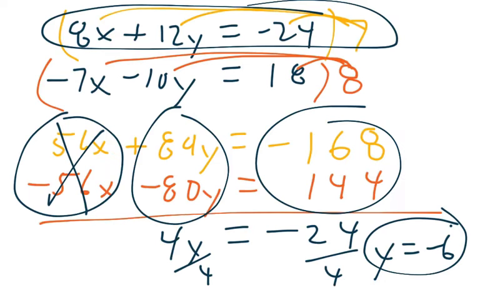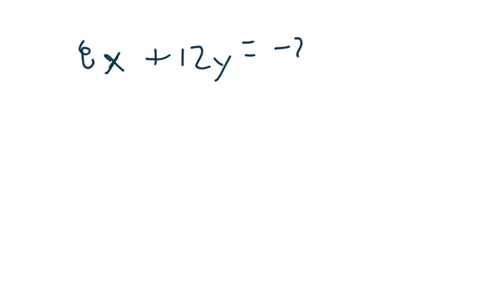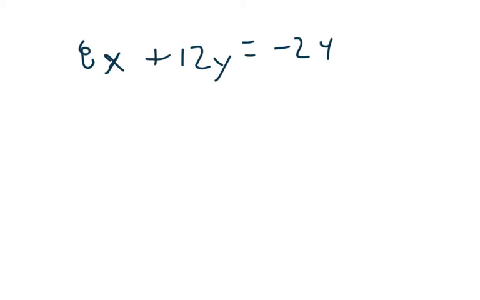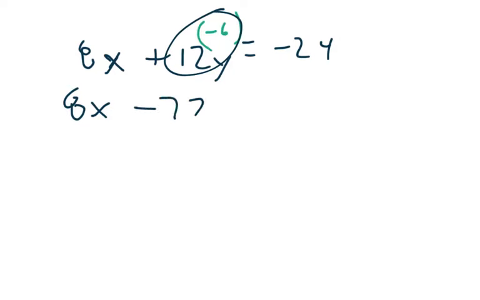So here we go. I have 8x plus 12y equal to negative 24. And we know that y is negative 6, so I'm going to put a negative 6 in for y. Let's see what we get. 8x, 12 times negative 6 is negative 72, equals negative 24.